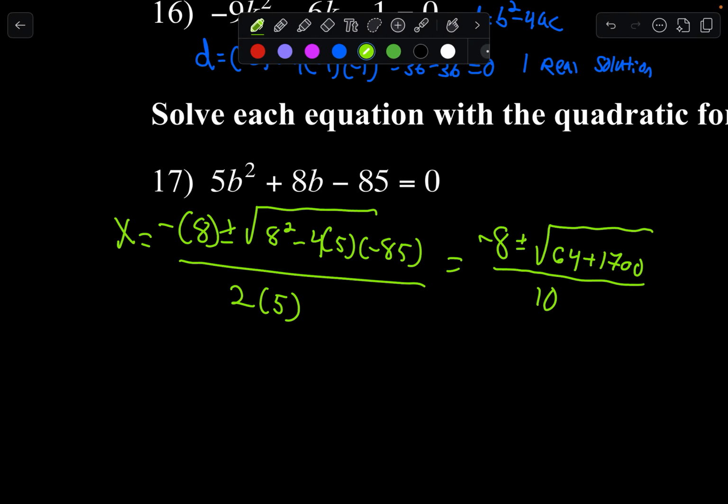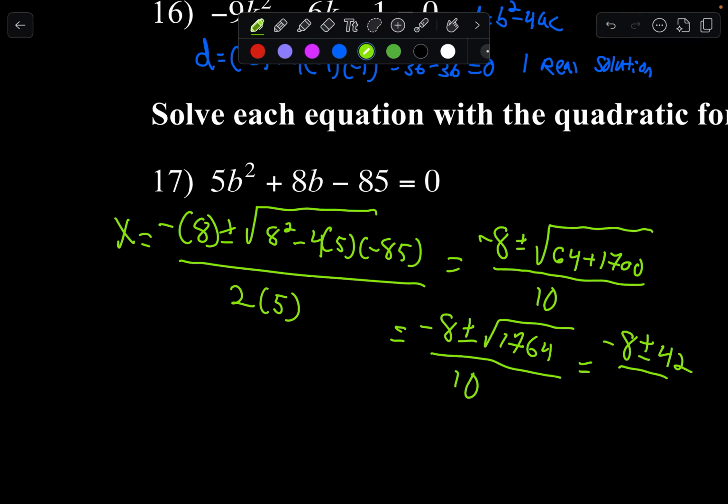Now 64 plus 1,700 is 1,764, all over 10. So we take the square root of 1,764. Oh my goodness, it comes out to be a perfect square. The square root of 1,764 is just 42, which is 6 times 7. 6, 7 shows up all the time in math.